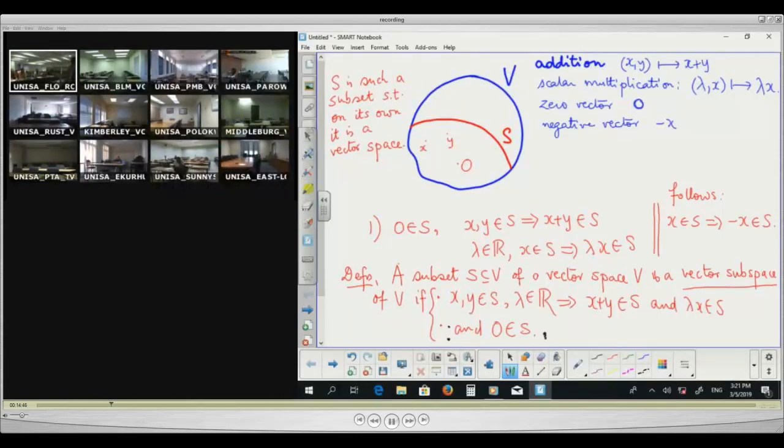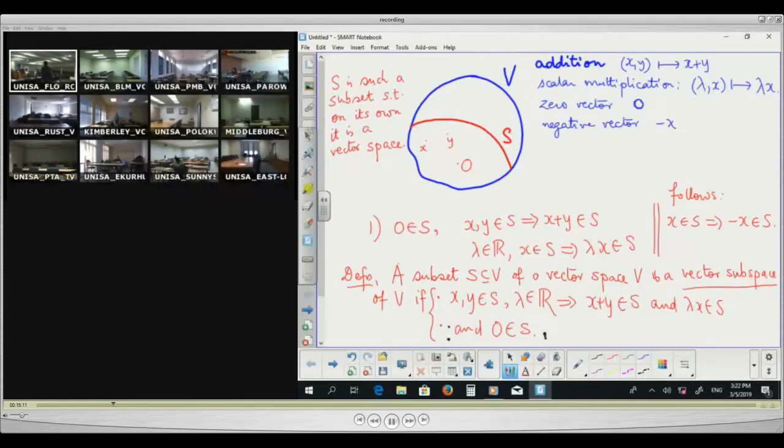But the empty set can never be a vector space. We know that the smallest vector space has one element, 0. Right? So the empty set shouldn't be considered a vector space. So there must be a way to stop it. And that's that second condition: 0 belongs to S. Okay?